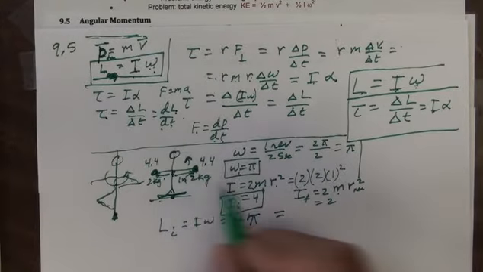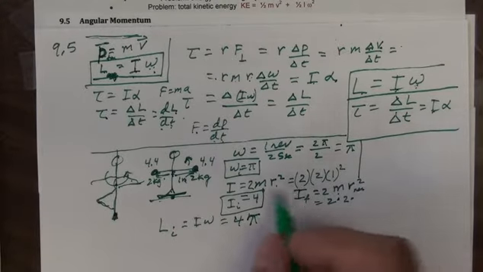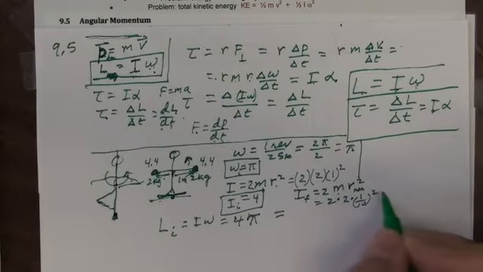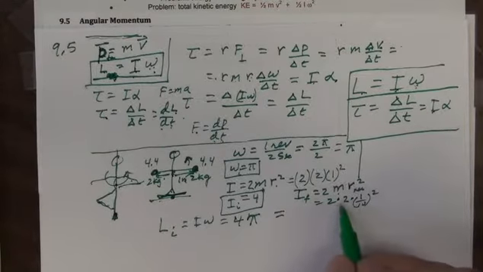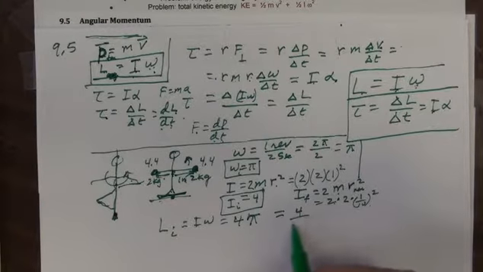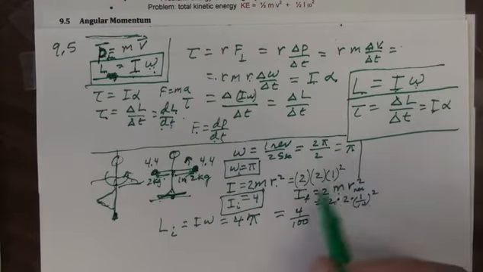Our mass is 2 kilograms, 2 times 2, times our new r squared, but our new r squared is going to be 1/10 as much. So we've got to square that. So we're going to end up with 4 divided by 100. And that's going to be times omega final.